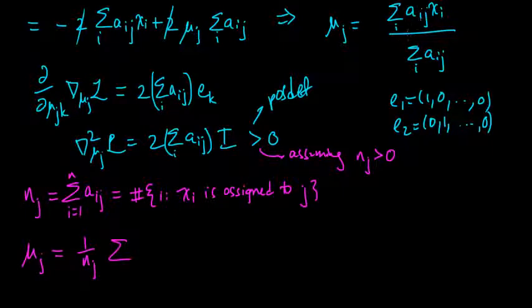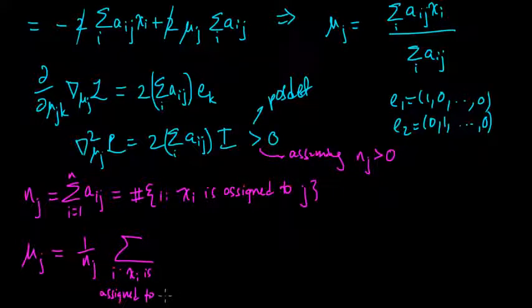This is the sum over all the points xi such that xi is assigned to j. So let's write out that sum over all i such that xi is assigned to j of xi.